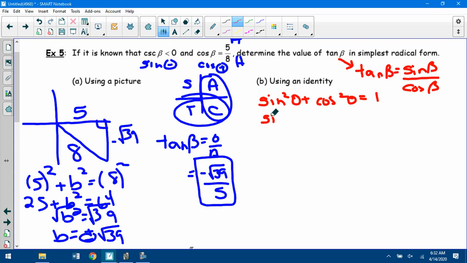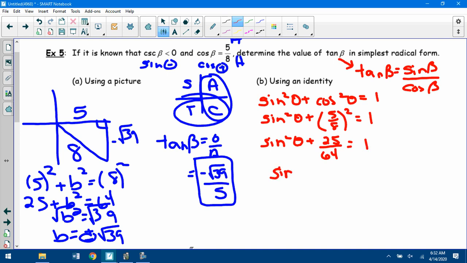Okay, so I've got sine squared theta plus cosine, so 5/8 squared equals 1. Sine squared theta plus 25/64 equals 1. Subtract 25/64. Sine squared theta equals 1 minus that. 64/64 minus 25/64 would be 39/64.